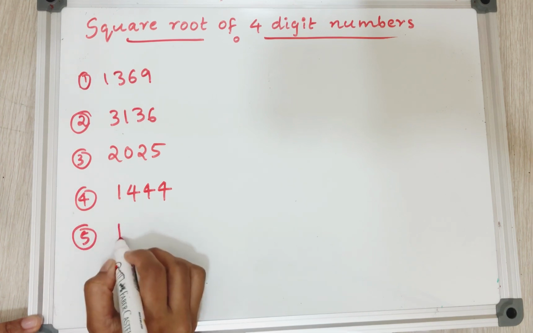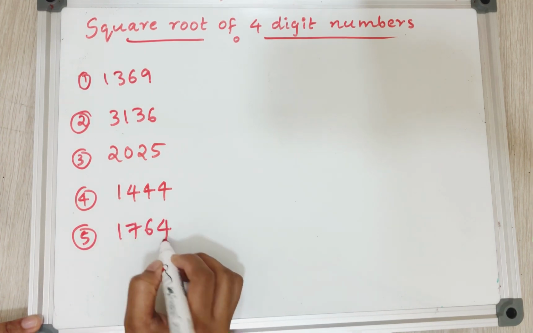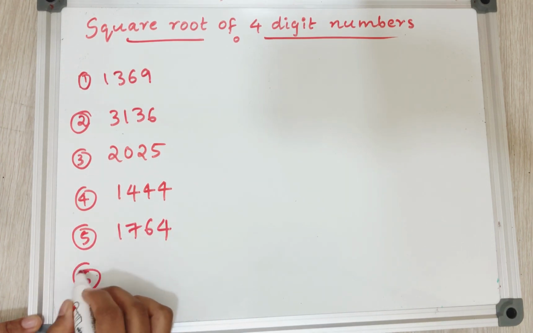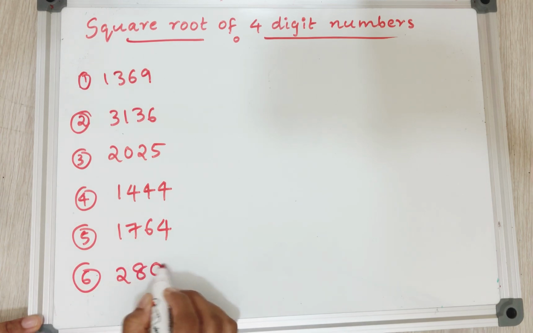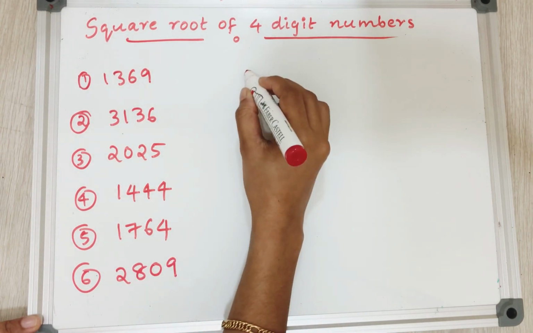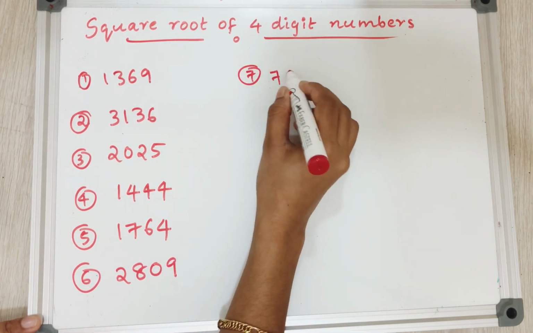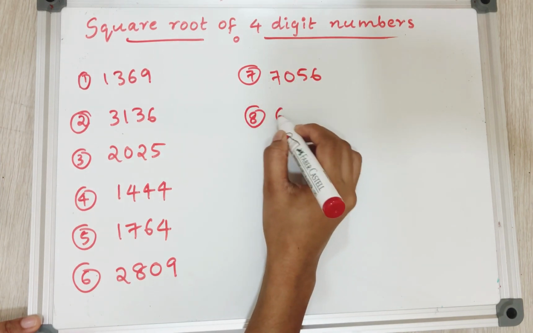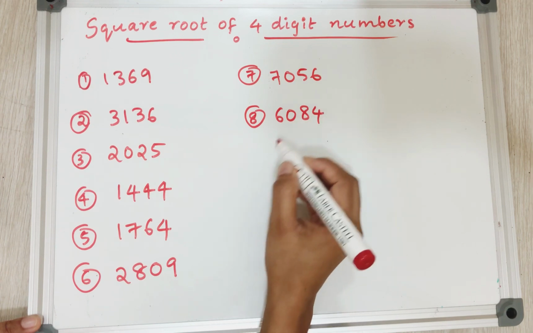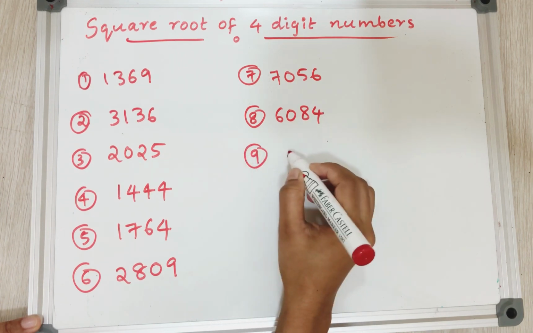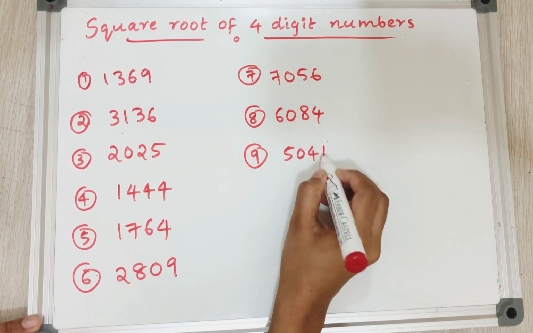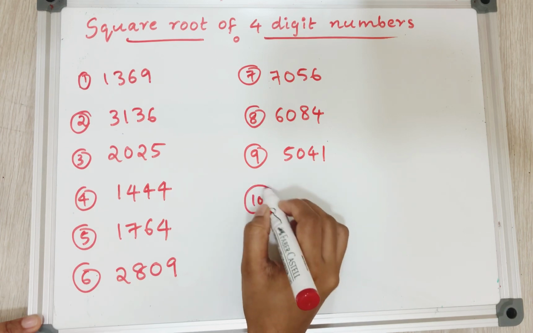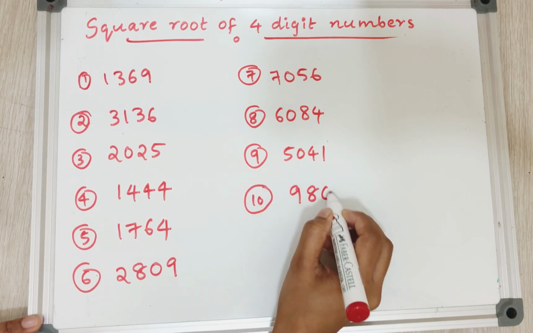Fifth one, 1764. Sixth one, 2809. Seventh one, 7056. Eighth one, 6084. Ninth one, 5041. Tenth one, 9801.